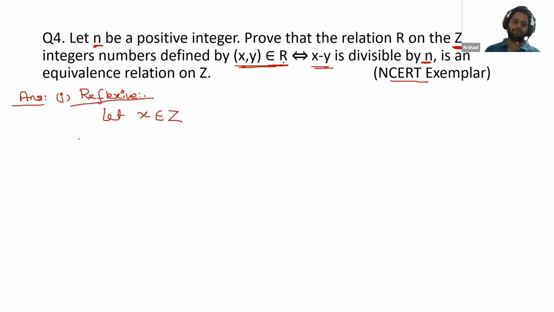Now this is the condition that x minus y is divisible by n. So we write: x minus x is equal to 0, and 0 is divisible by any number. So x minus x is equal to 0, which is divisible by n.